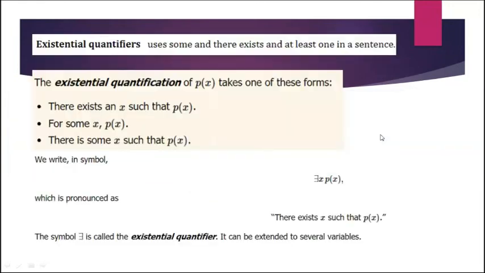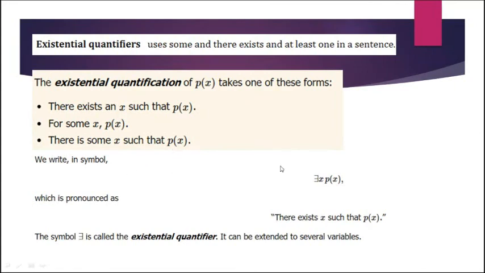Next, you have your existential quantifier. It uses some, there exists, and at least one in a sentence. The existential quantification of P of x takes one of these forms. There exists an x such that P is a function of x. For some x, P is a function of x. There's some x such that P is a function of x.